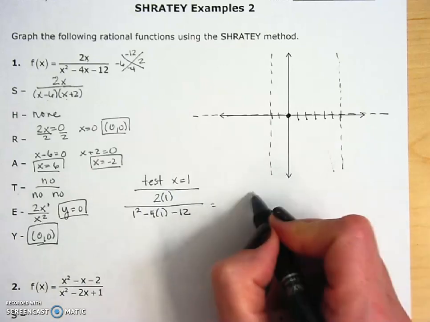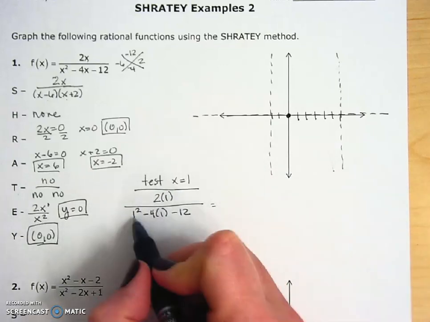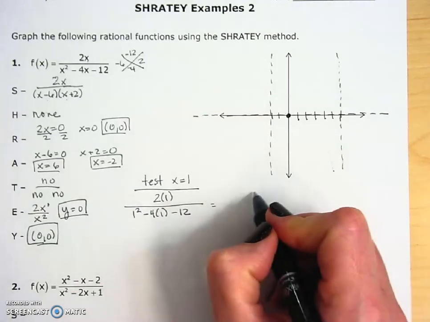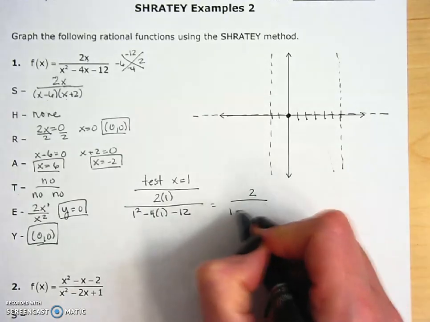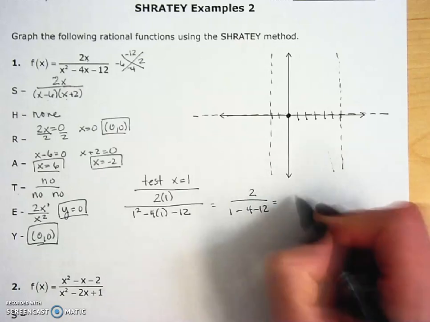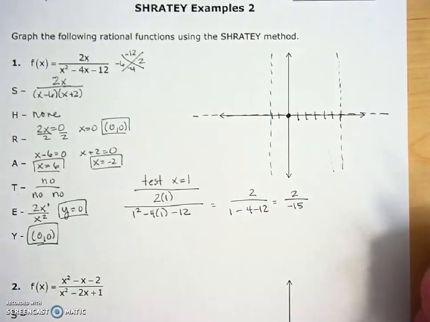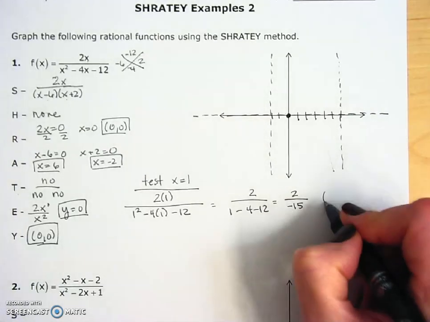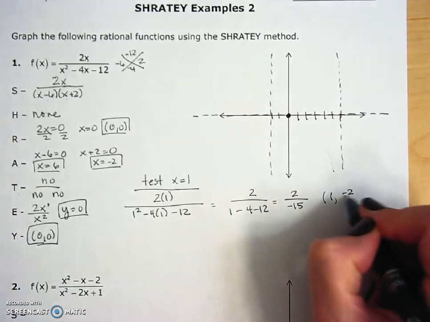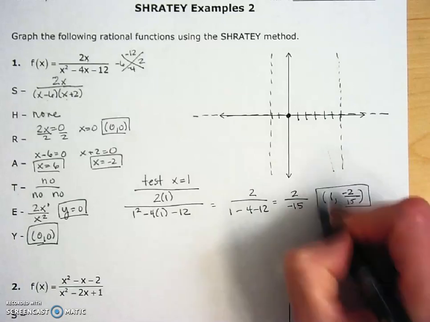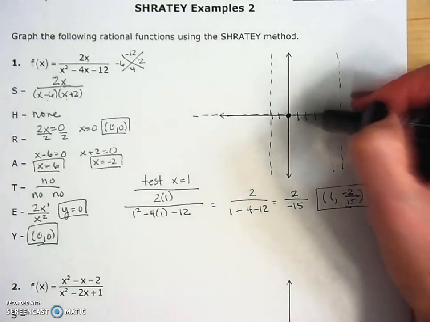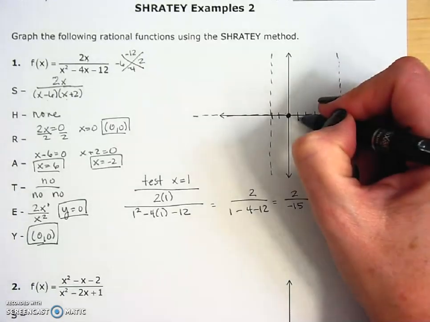Be sure you're doing your order of operations correctly. 1 squared at the bottom is 1, and then do your multiplications. It's going to give me negative 2/15. So my test point is 1. If I go over 1, I don't need to know exactly what negative 2/15 is, just that it's below the x-axis.